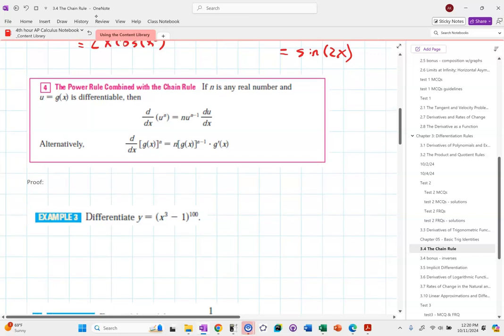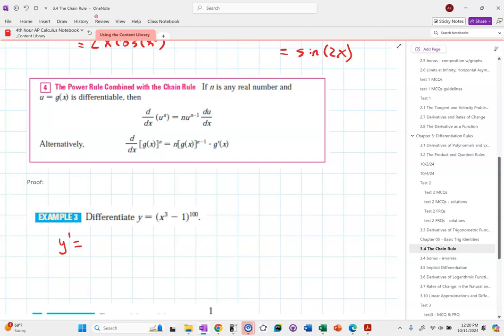So if we look at this example, let's try to do it without writing anything else down. Let's just go straight to the derivative. The outer function is x to the 100.